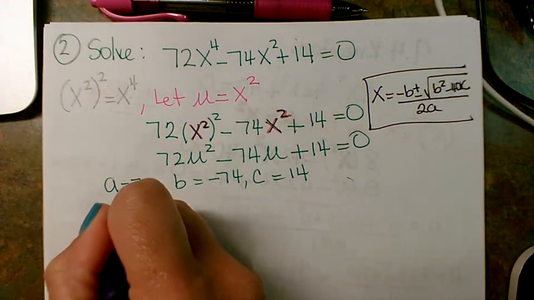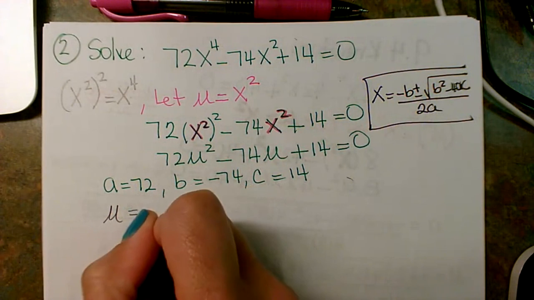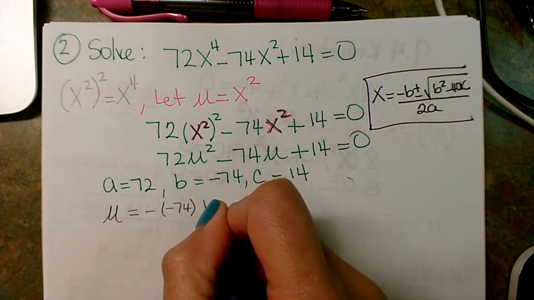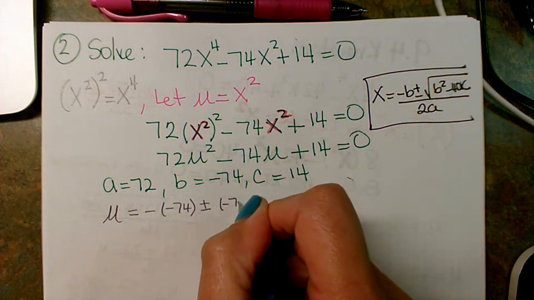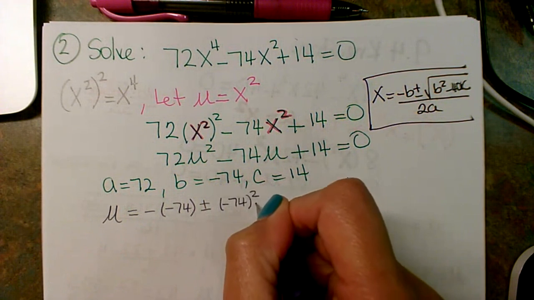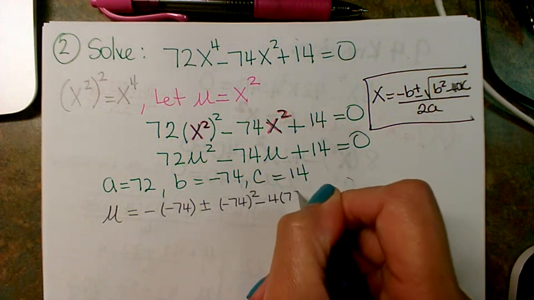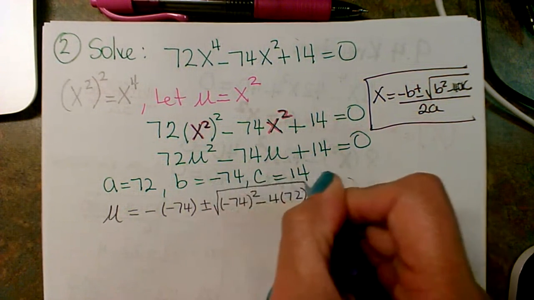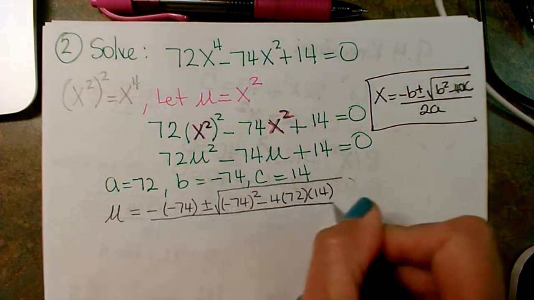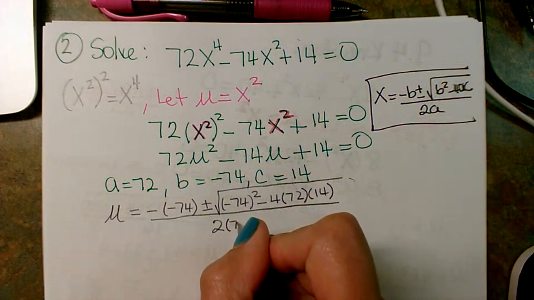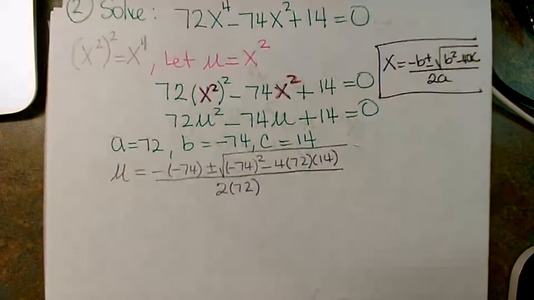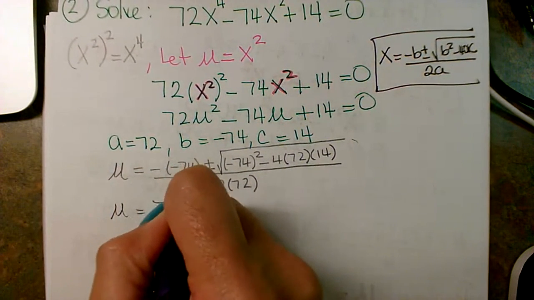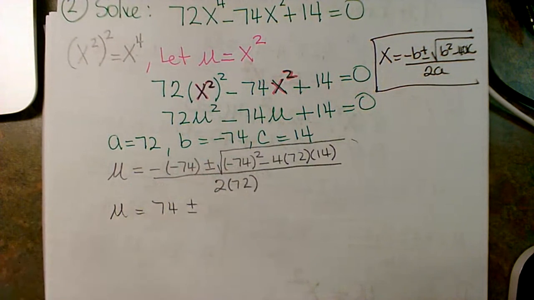So it's going to be u equals minus B, that is already negative, plus or minus negative 74 squared minus 4A times C over what? 2A. Oh, yes, 2A.